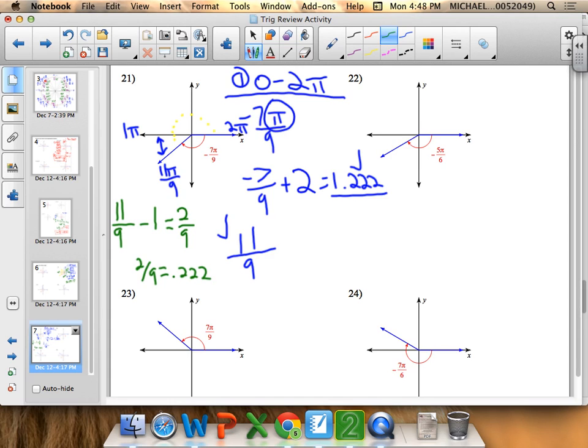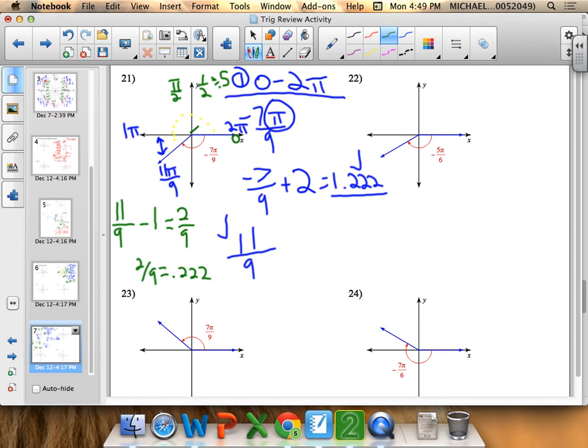And again, if you remember, this is 0 radians, and this is pi over 2 radians, or 1/2. So it has to exist between 0 and 0.5. And in this case, 0.222 does indeed exist between 0 and 0.5.